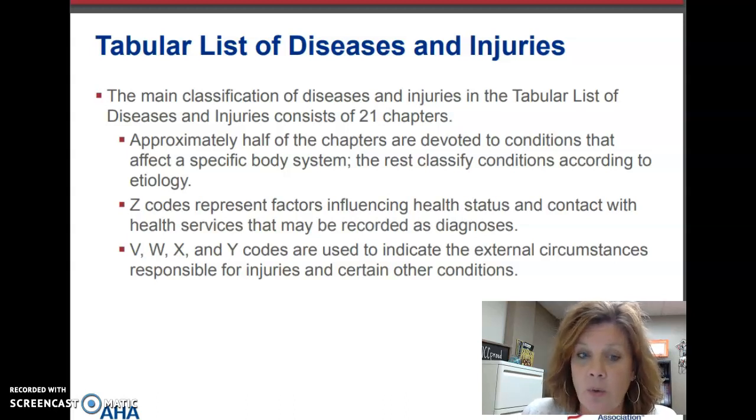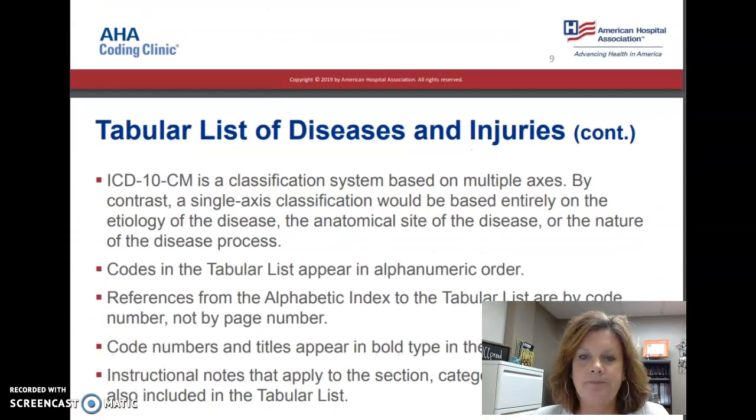There is a Y code for that. The reason they do that is that it's all about statistics and research. At the end of the year, they can query all these hospitals and say, in the past year, 15 people died from crashing in a hot air balloon. When we get into these, you will see some crazy codes for these Y codes.